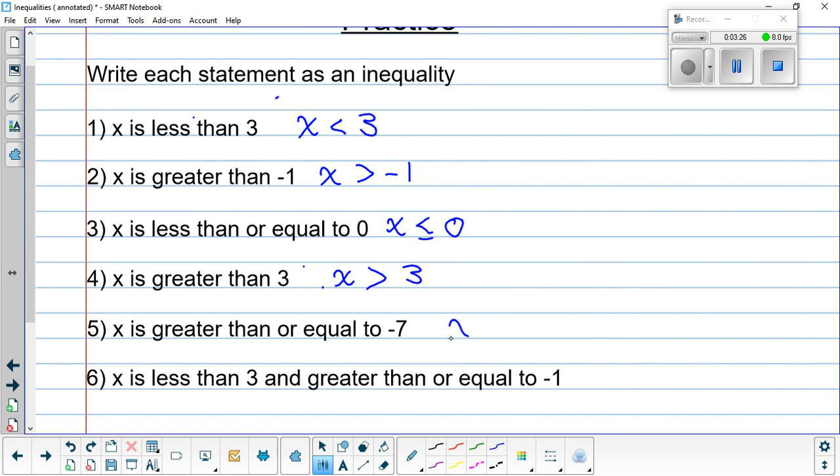And then here we have x is greater than, and then, oh, or equal to -7. Lastly, one of these more complex ones, we have x is less than 3. So x is less than 3, but it's greater than, right? So make sure it's pointing away from the x, greater than or equal to -1.